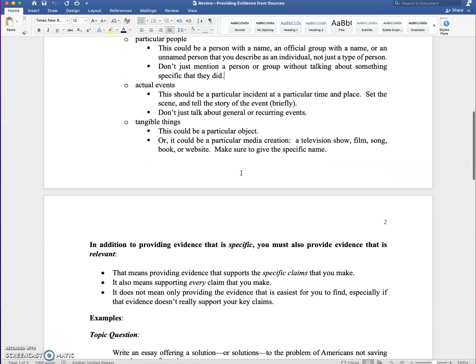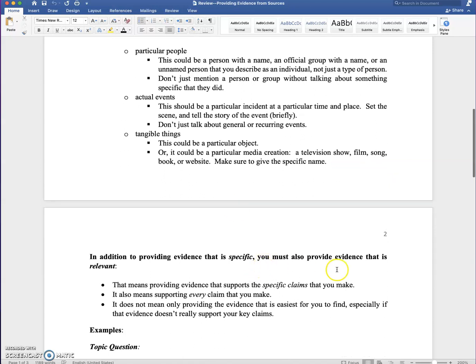Finally, in addition to providing evidence that's specific, you also need to make sure that your evidence is truly relevant. That means providing evidence that supports the specific claim you make. The problem I see with this is sometimes people just find evidence that's relevant to their topic, but that doesn't support their specific claim.